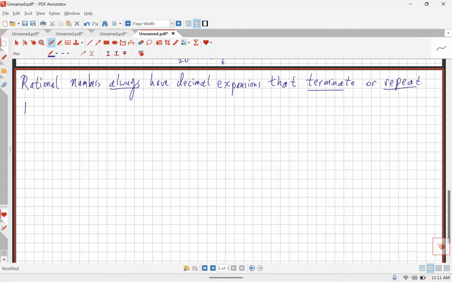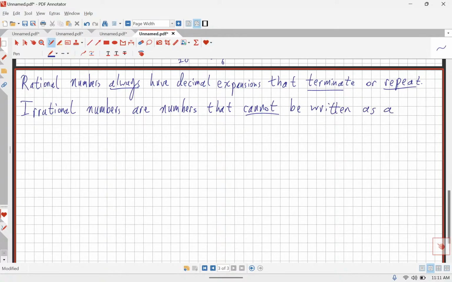Got a pencil? Irrational numbers are numbers that cannot be written as a fraction of integers, and so have decimal expansions that neither terminate nor repeat.